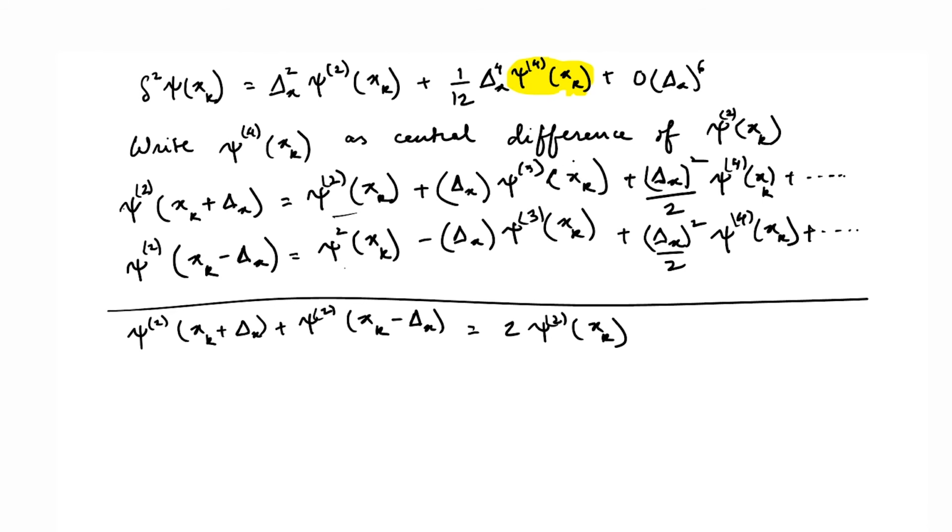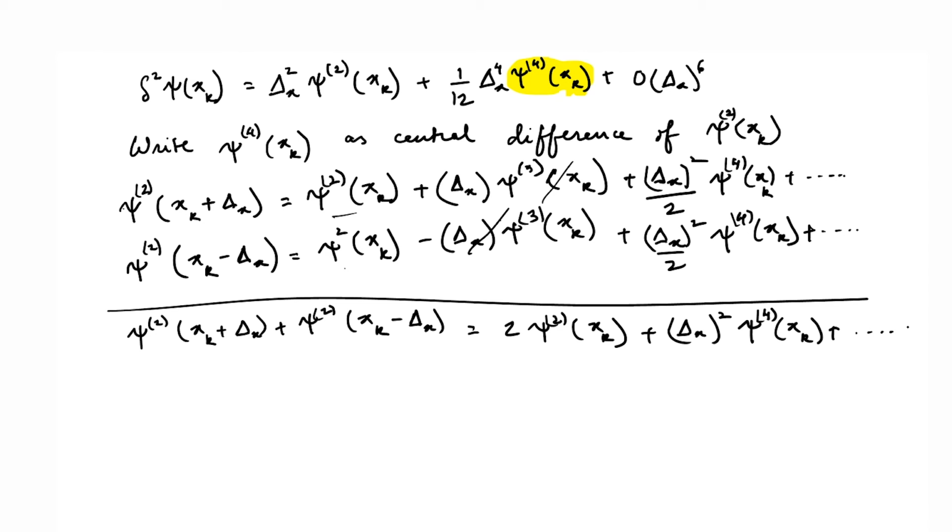These two terms cancel out if I add them, plus here I get twice the same term, delta x squared times the fourth derivative of psi at x_k plus other higher order terms.